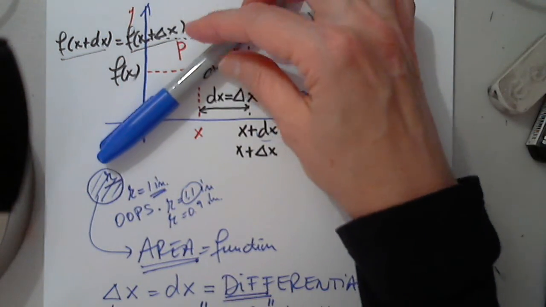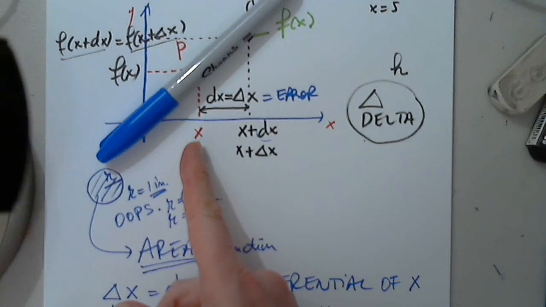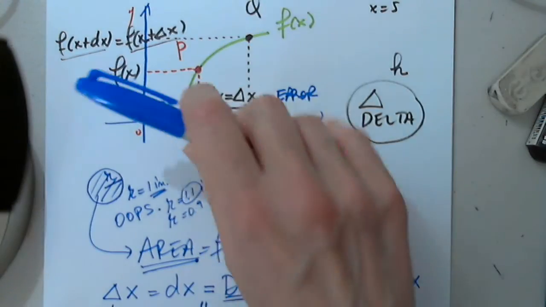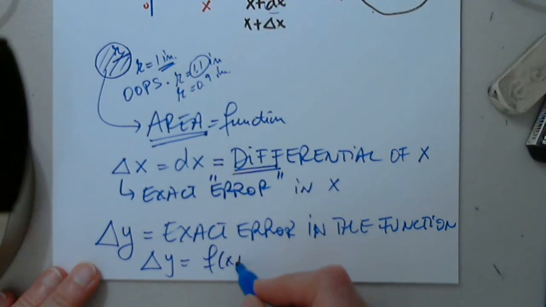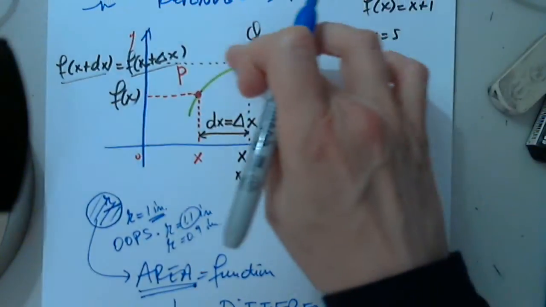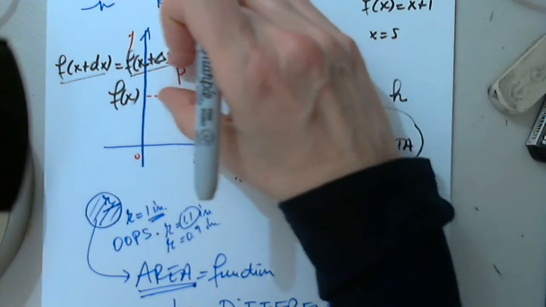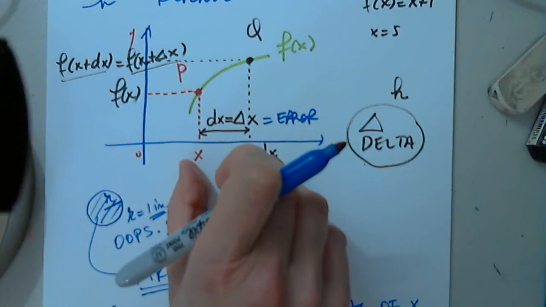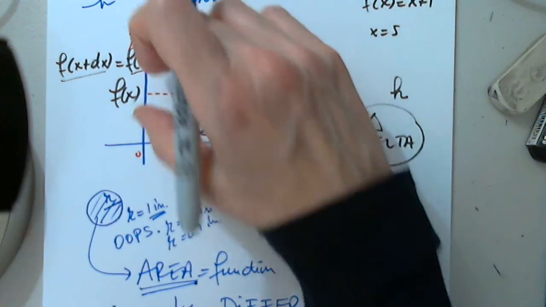So how do I determine the slope of this? y2 minus y1 over x2 minus x1. I'm not determining the slope. I just want the exact error. So this is f of x plus delta x minus f of x. y2, this piece, minus y1 will be the error that was created by an error in x, and it gave us an error in y.